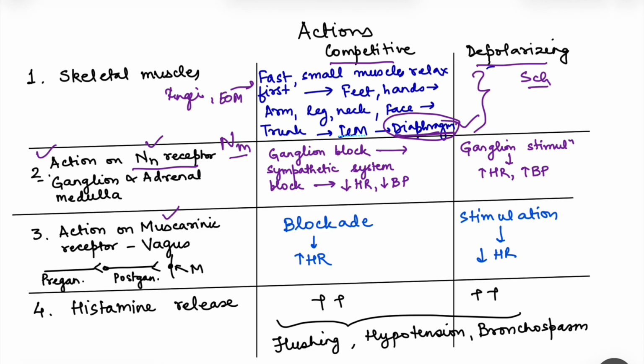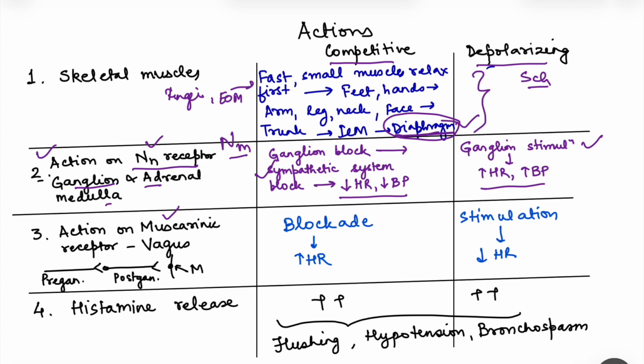These nicotinic N type of receptors are present on ganglia and adrenal medulla, and if these receptors are blocked, it will cause ganglion block. There will be blockage of the sympathetic system, and if the sympathetic system is blocked, there is decrease in heart rate and decrease in blood pressure. On the other hand, the depolarizing blockers will cause ganglion stimulation, and this will lead to increase in heart rate and increase in blood pressure.